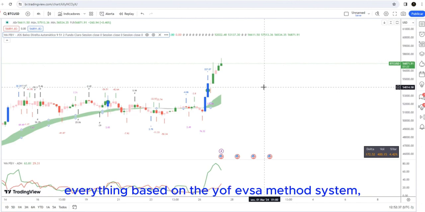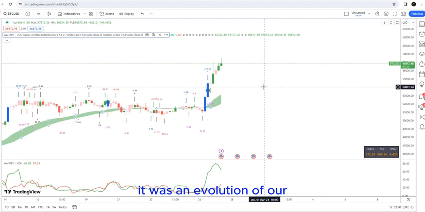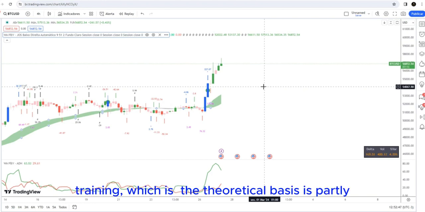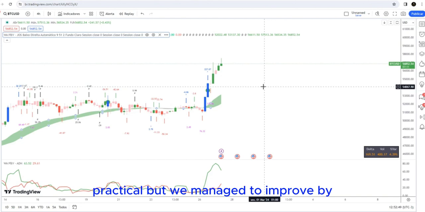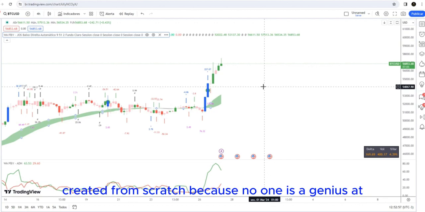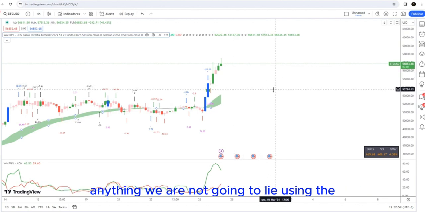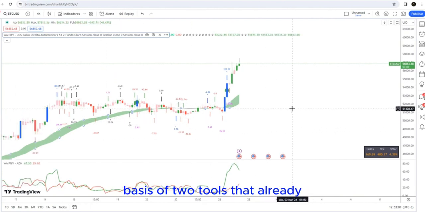It was an evolution of our training. So we have our training, which is the theoretical basis, partly practical, but we managed to improve by building the tool, which was not created from scratch, because no one is a genius. It is based on 2 tools that already exist on the market.